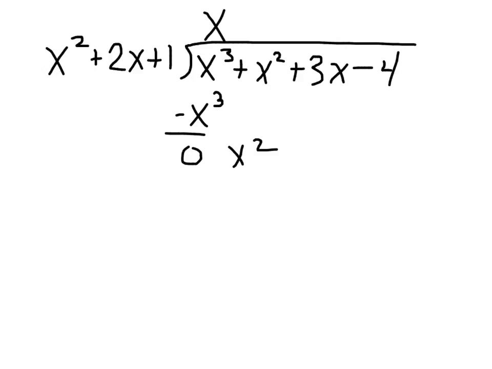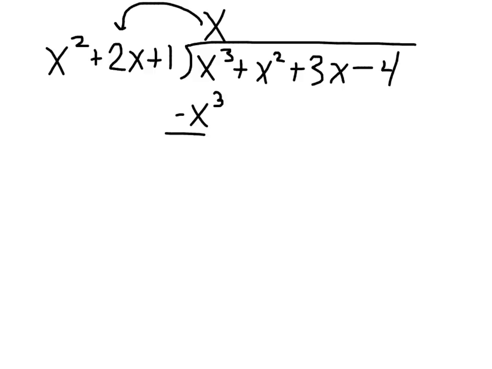Is that correct? No. What are they doing wrong? They forgot about the rest of it. Right. They only did the front, not the whole thing. So again, when you say x goes in there, you've got to times x to everything that's on the outside.